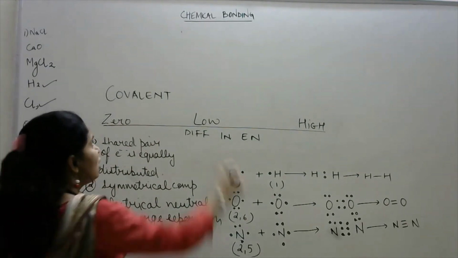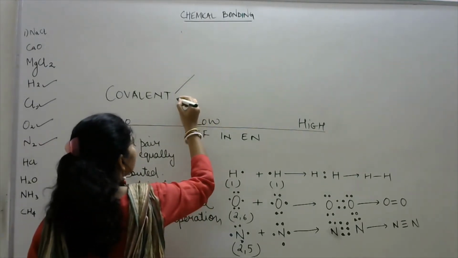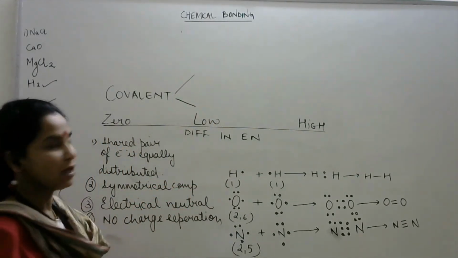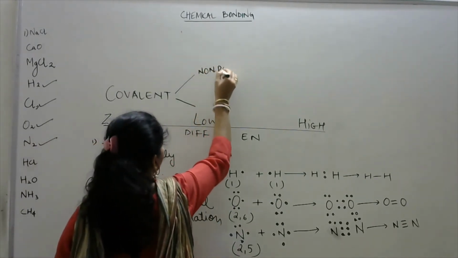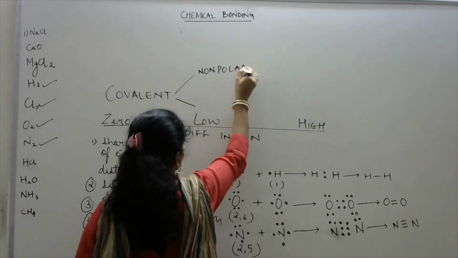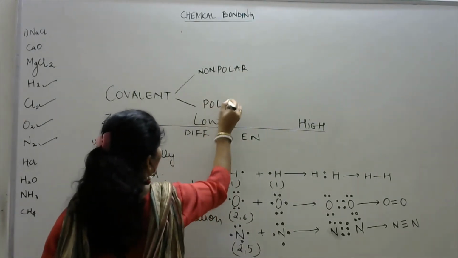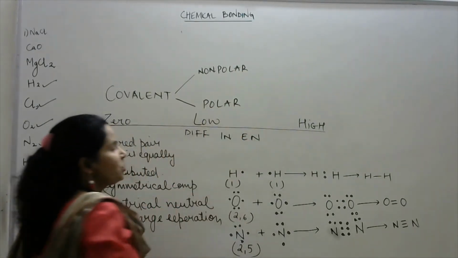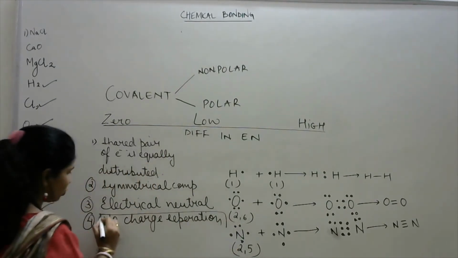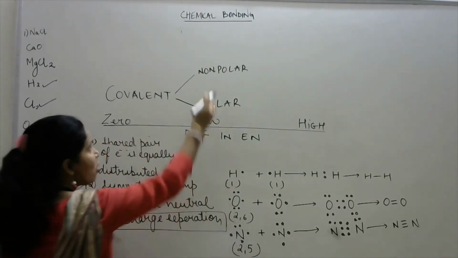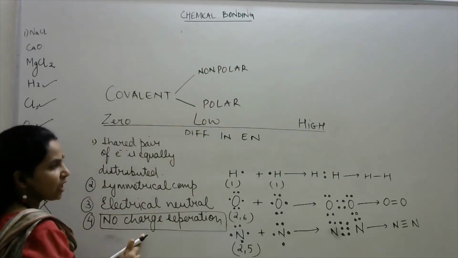And we have seen covalent bond is of 2 types. First is non-polar and other is polar. Now, non-polar means no charge separation.